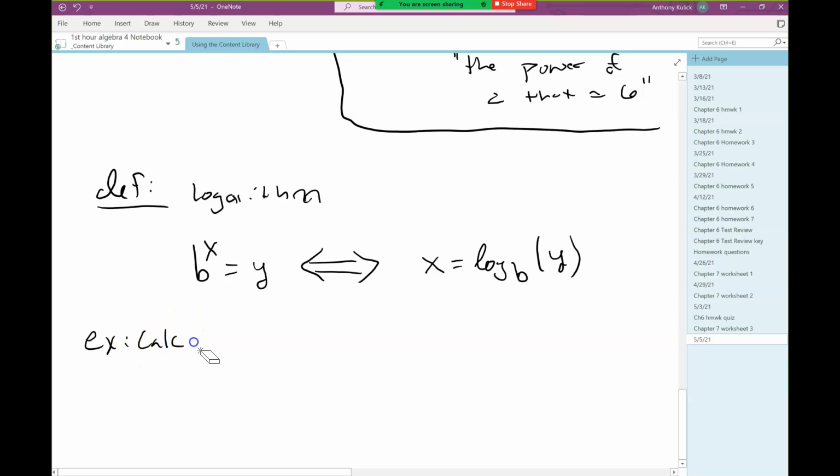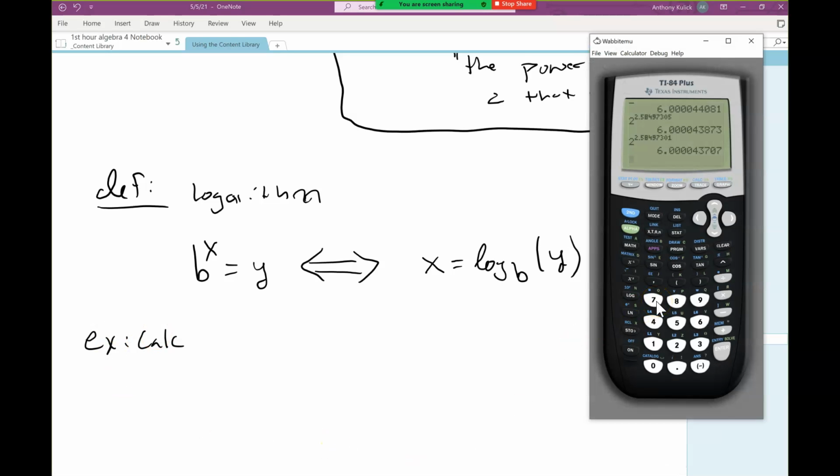You know how we can use our calculator to do the square root of 2 or the square root of 3 or the square root of 5. We can use our calculator to find the decimal approximations for these logarithms. So let me show you how to do that. On your calculator, if you press the math button and you scroll all the way down to the bottom, I'm just going to press the up arrow to get to the bottom of the list, you'll see a command called log base. If you pick that, it's going to put this function onto your calculator.